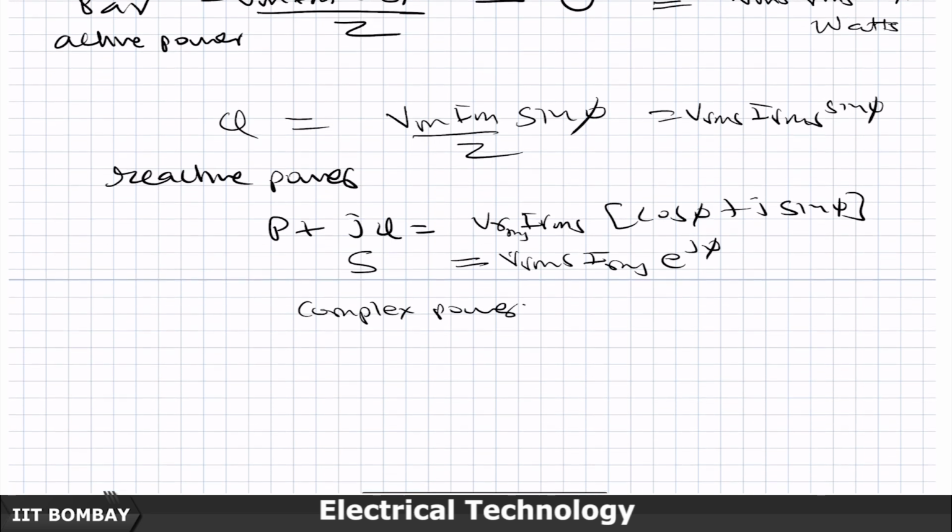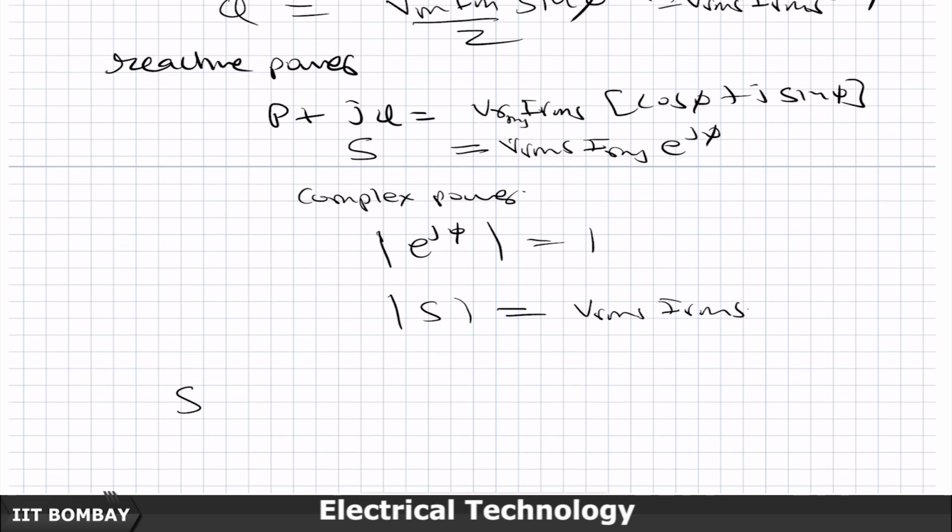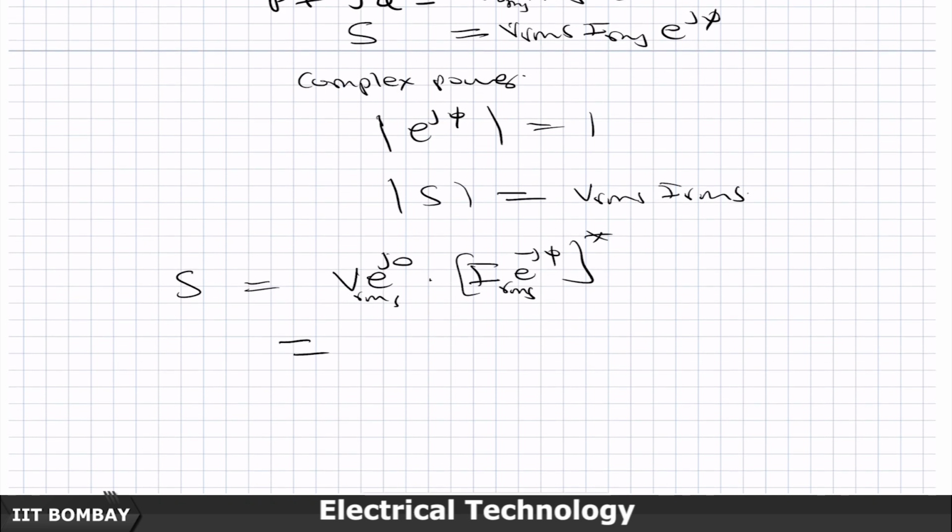Since the magnitude of e to the power j phi is 1, the magnitude of the complex power is simply Vrms into Irms, and this S can be written as V, this is the reference phasor, into I, this is the current phasor. I should take a complex conjugate of it, and therefore, it can be represented as P plus jQ.